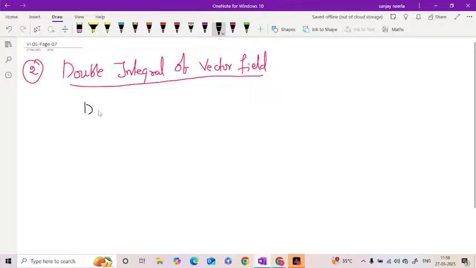Now the double integral is the integral of f dot unit normal vector into dA. Here again you have the dA.